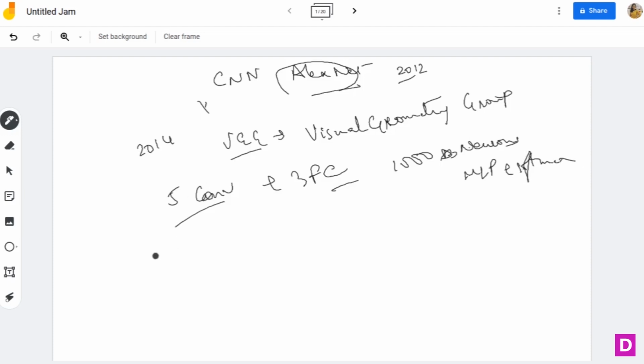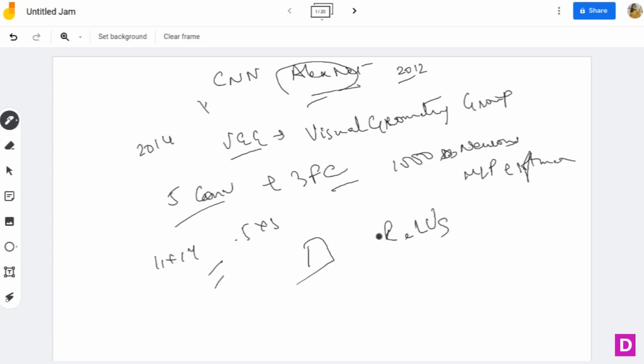And then the 5 convolution layers, initially they had 11 cross 11 filters, and then it was 7 cross 7 I suppose, then 5 cross 5, 3 cross 3. The main task here was increasing the size of the kernel, at the same time decreasing the height and the width, right? So this was the whole thing about AlexNet, and we also had ReLUs and everything there.